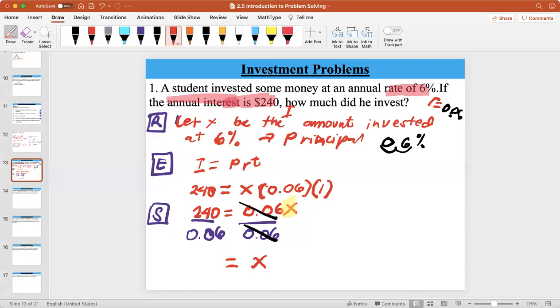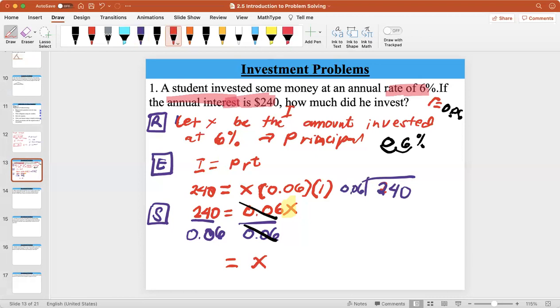What's 240 divided by 0.06? Okay, let's divide that. Your divisor here is 0.06.